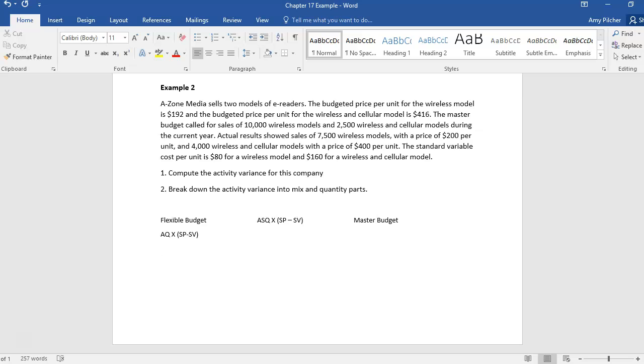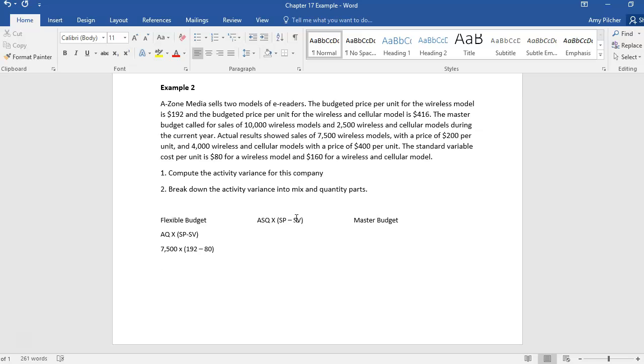So for our flexible budget, we have 7,500 wireless models times, we're looking at our contribution margin differences here now. So we have the $192 budgeted price minus our $80 cost per unit.